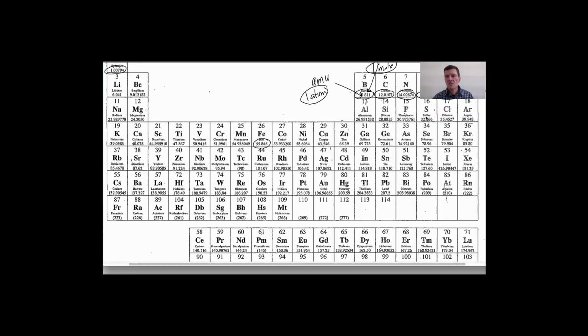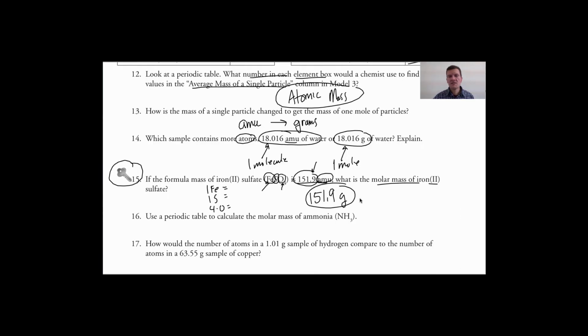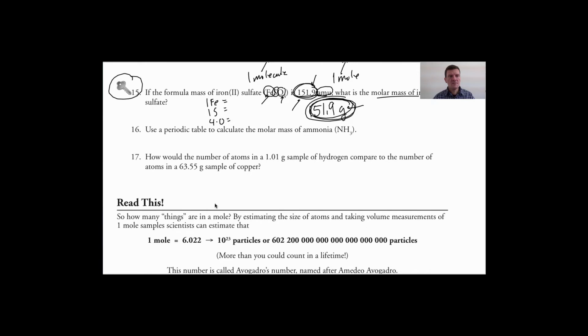Okay, iron 55.8, sulfur 32.1, oxygen 15.99, so 16, four of those. So you take 55.8 plus 32.1 plus 4 times 16. Well, we know what it is actually. It's 151.9 approximately. That's how you get the molar mass of any compound. Okay? It would be in grams. It would also be the molecular mass in AMU, or formula mass, sometimes called.